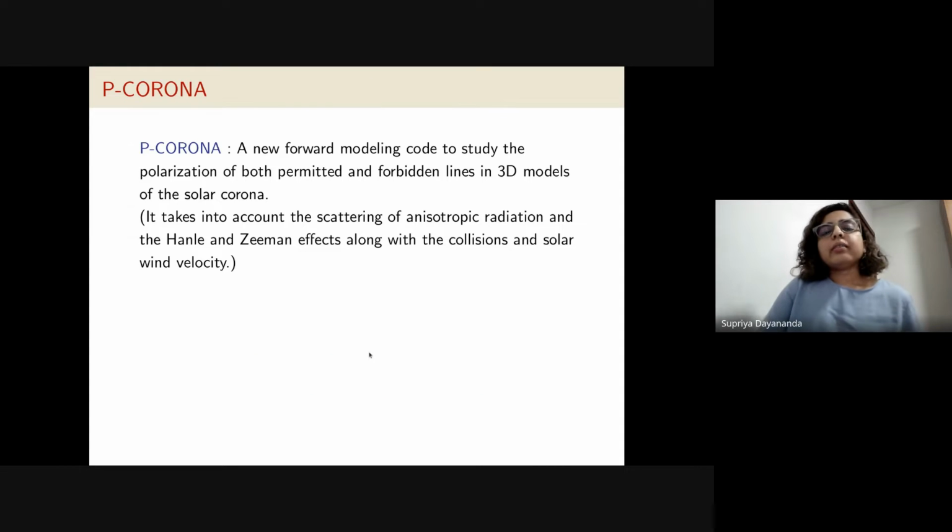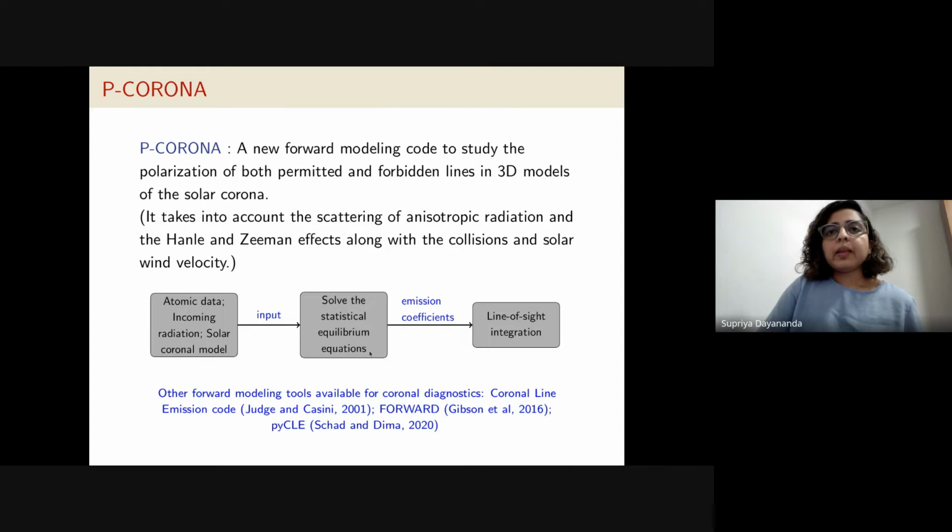So let's look at the code PCorona itself. Like any other forward modeling code, PCorona consists of 3 important parts. The philosophy behind a forward modeling code is you supply a set of input parameters to the code and you solve statistical equilibrium equations, or the equations which account for all the physical mechanisms that you're talking about.